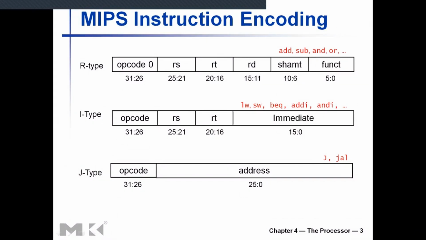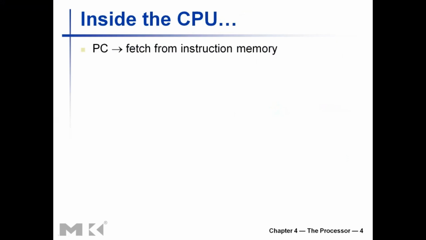Okay, it's good to clarify these things before we go on, because once we start to talk about the actual hardware, we need a good understanding of all these different types of operands and how they work. Now we are trying to talk about what happens inside the CPU.